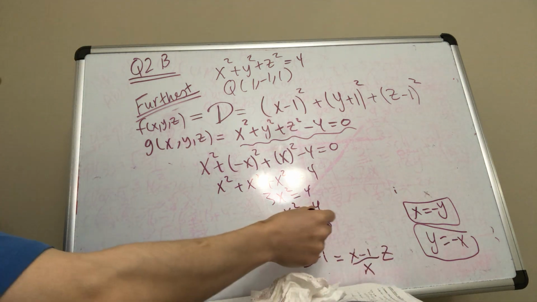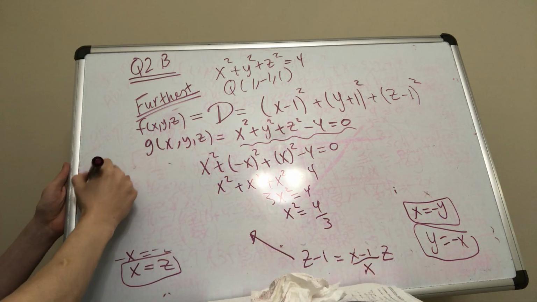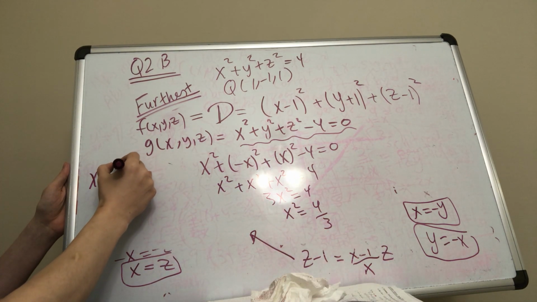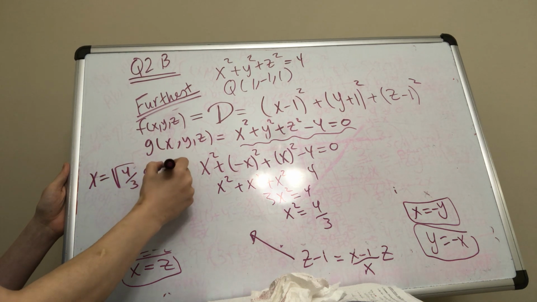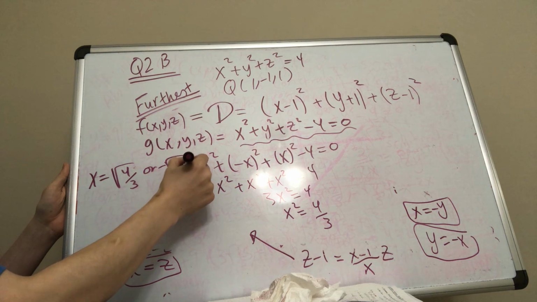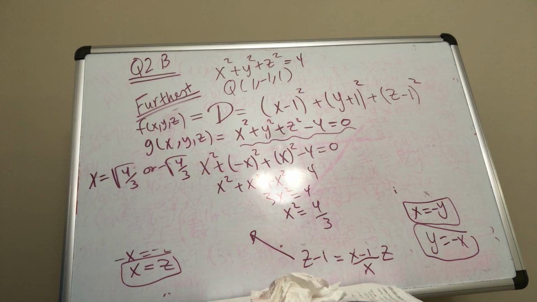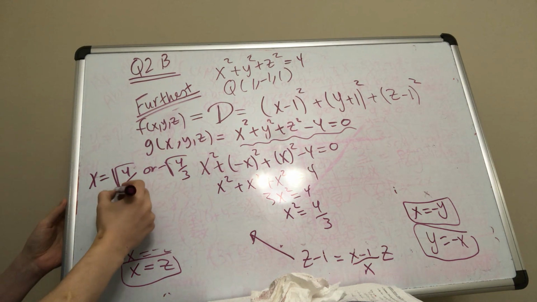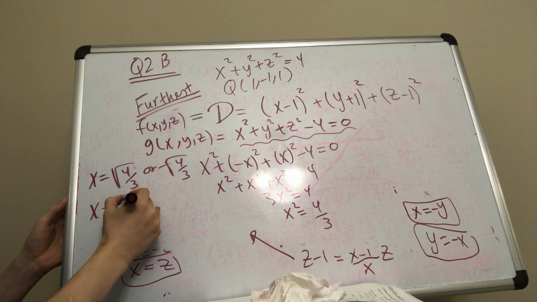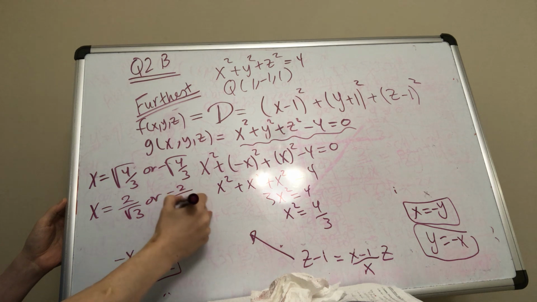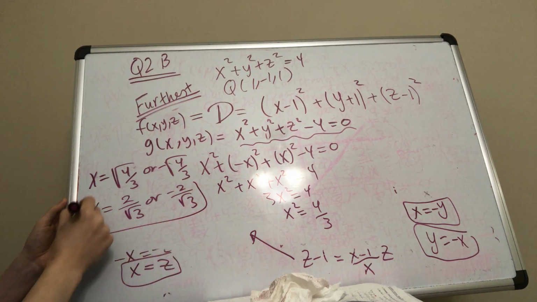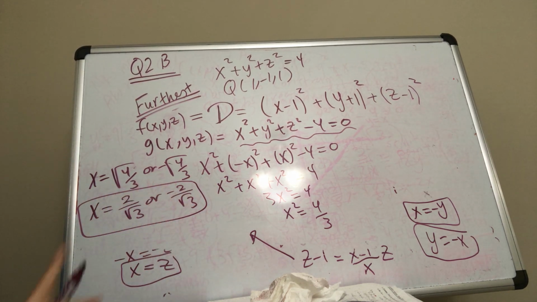So x equals root 4 over 3 or minus root 4 over 3, which is 2 over root 3 or minus 2 over root 3. These are the possible values for x.